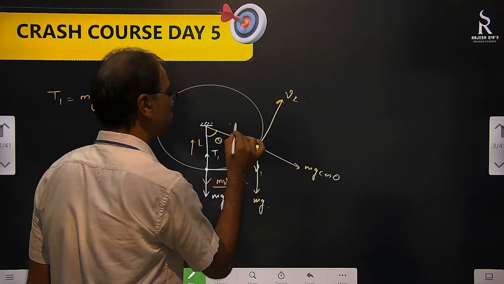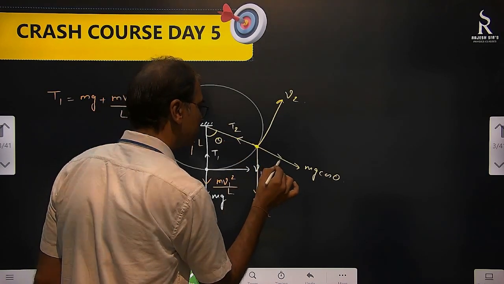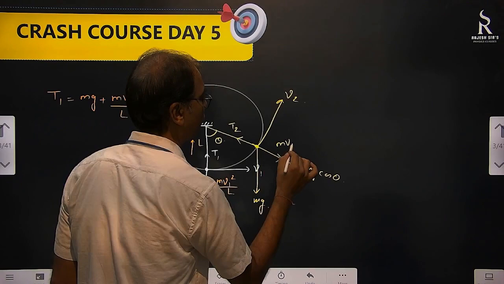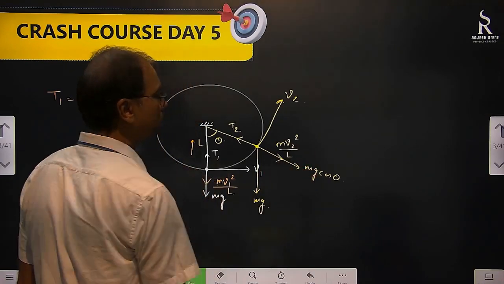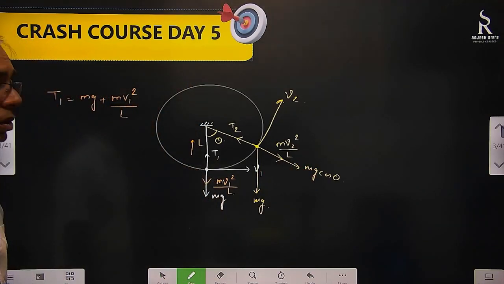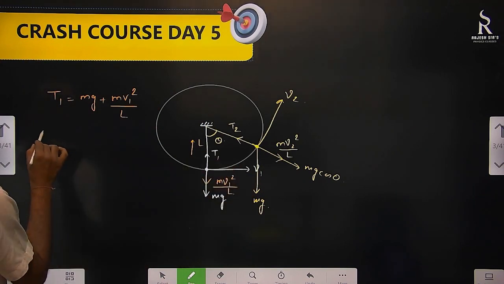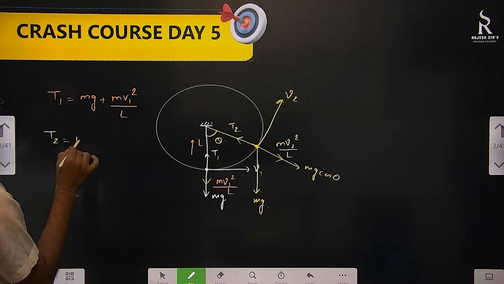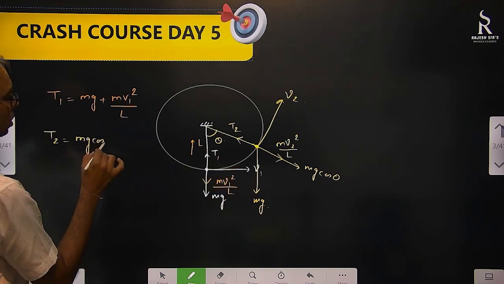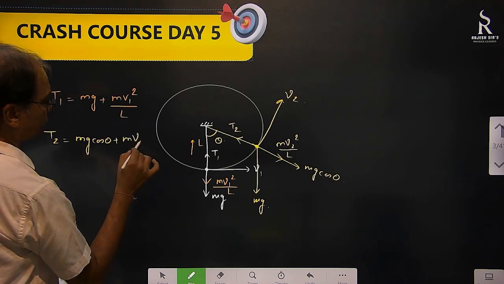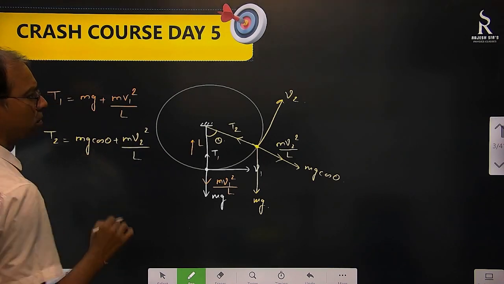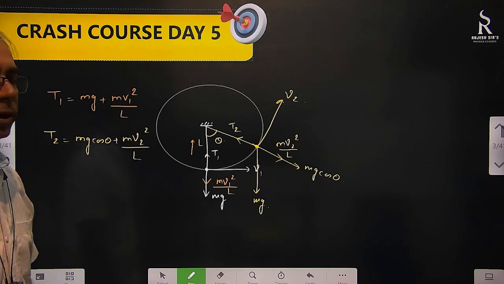Here T2. And then centrifugal force, mv2 square by L. Okay. So what is T2? You can see clearly. T2 equal to mg cos theta plus mv2 square by L. That is it.